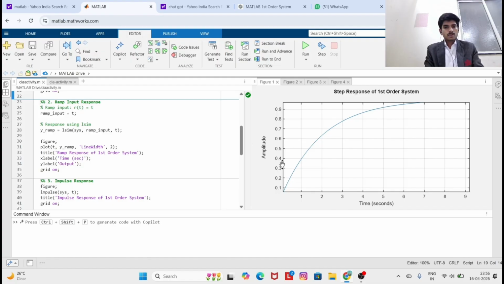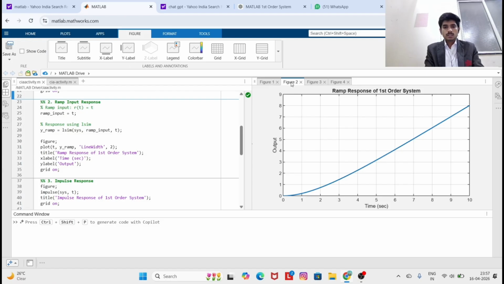The system tries to follow the input, but it cannot match exactly. The constant difference between the output and input is called the steady state error. The response is smooth and stable. There is no oscillation. Let's see the graph of the ramp input response.